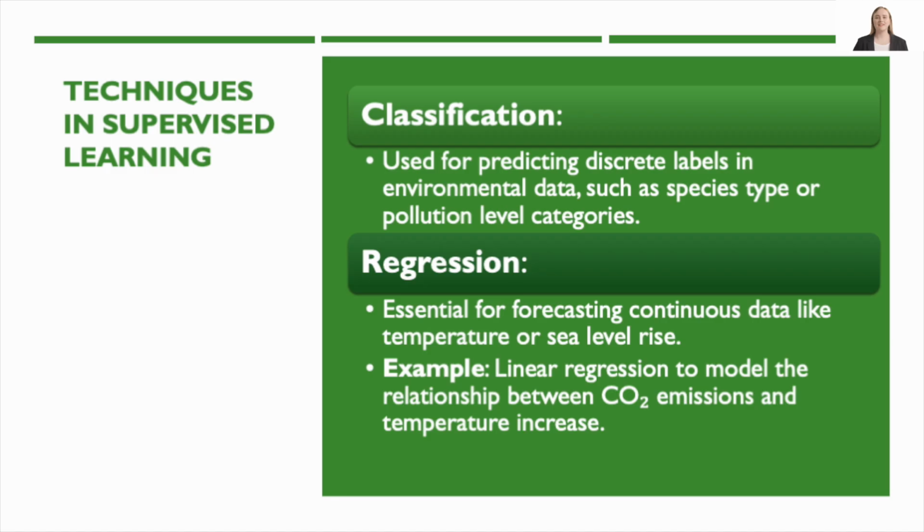This technique is essential for predicting continuous values, such as estimating future CO2 levels. For example, we might use a linear regression model to analyze the relationship between CO2 emissions and temperature rise over decades. These techniques form the backbone of predictive modeling for many environmental challenges, from pollution prediction to species distribution analysis.